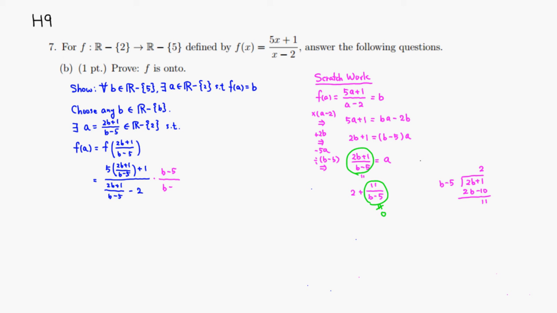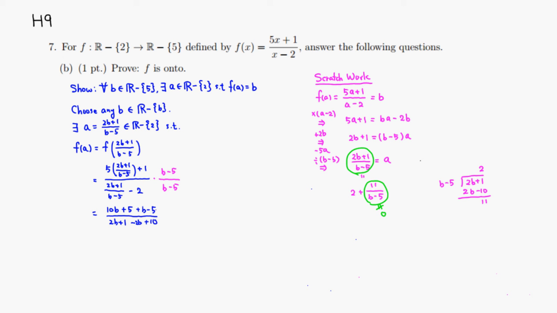You have to do the same to top and bottom. So the b minus 5 cancels out, and I'm just going to distribute the 5: 5 times 2b is 10b, 5 times 1 is 5, then 1 times b minus 5 is b minus 5. Divided through by the same thing: 2b plus 1 minus 2 times b minus 5, so negative 2 times b is negative 2b, negative 2 times negative 5 is plus 10.